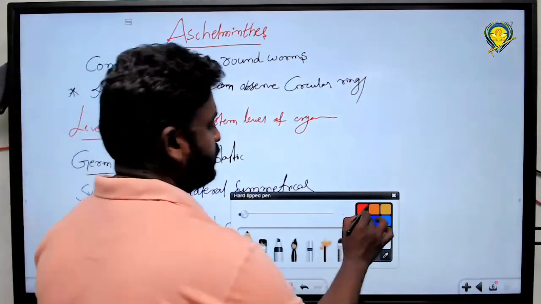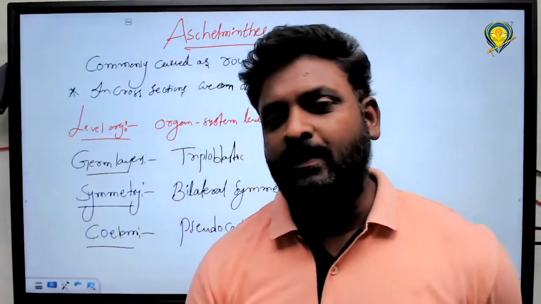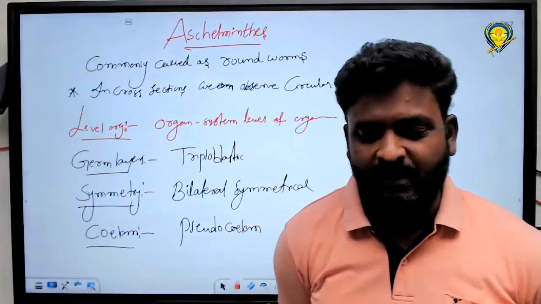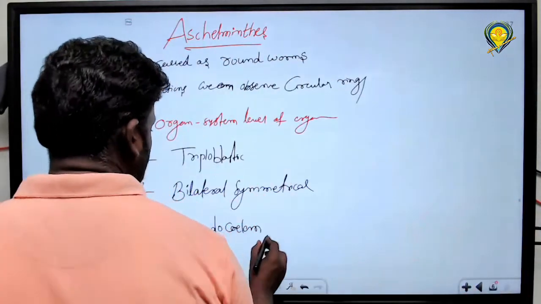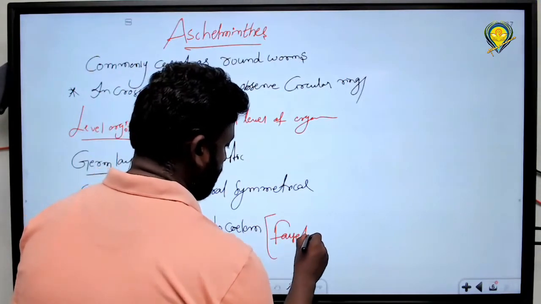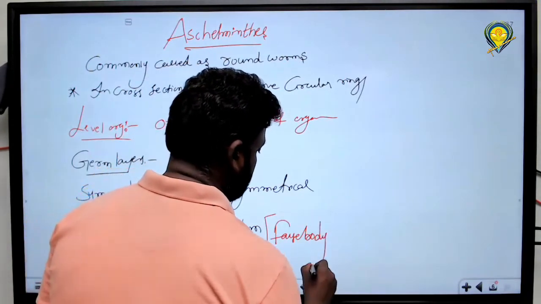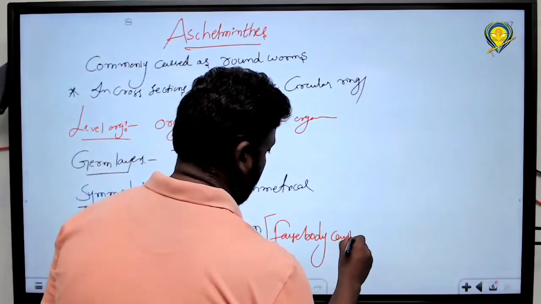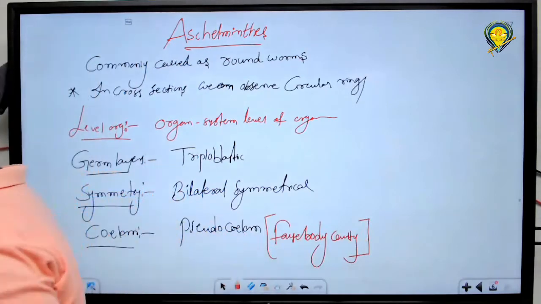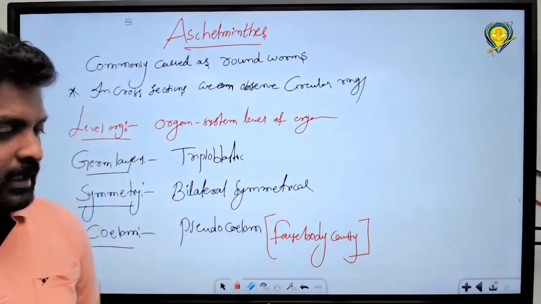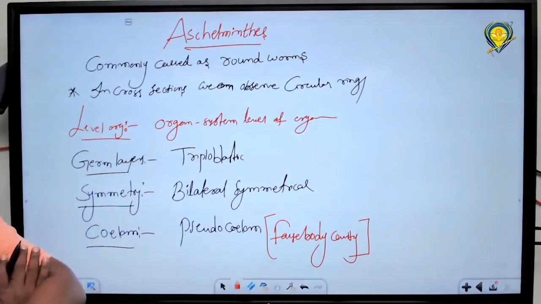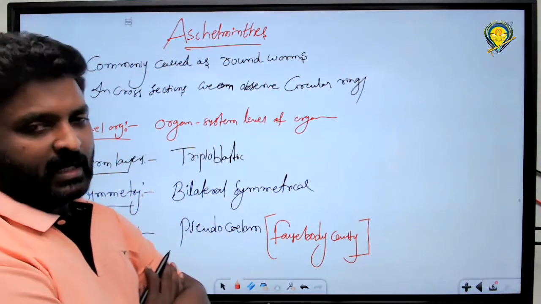You know very well about pseudocoelom. Pseudo means false, coelom means body cavity. False body cavity animals, pseudocoelom organisms. Got it? This is the information on coelom, symmetry, germ layers, and level of organization.